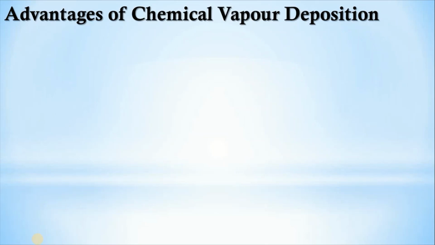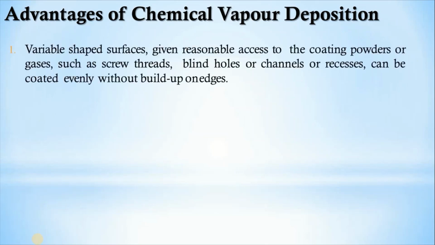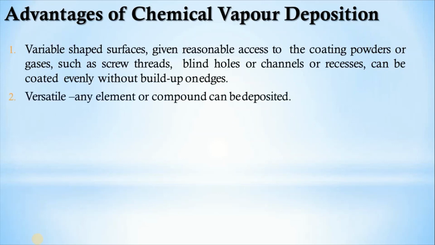So there are some advantages of CVD. What are they? Variable shaped surfaces, given reasonable access to the coating powders or gases, such as screw threads, blind holes, channels or grooves, can be coated evenly throughout, without build up on edges. Another advantage is that it is versatile: any element or compound can be deposited.